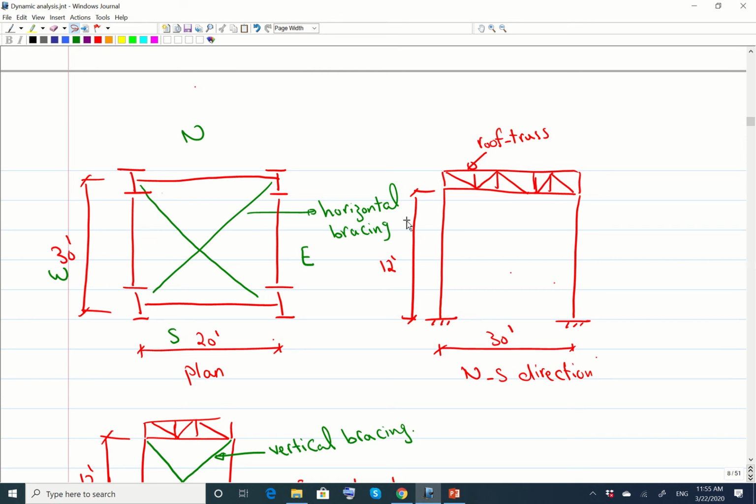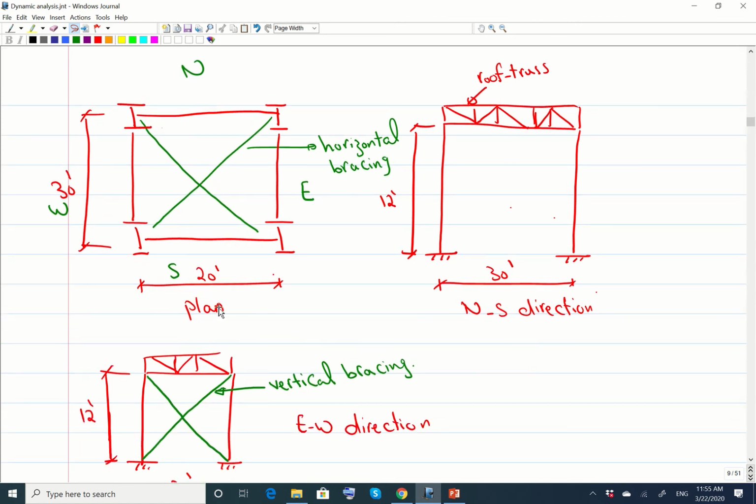So when there is a horizontal force, the columns will give the horizontal stiffness. There is a horizontal force over here, and there will be a horizontal stiffness that comes from those columns. On the other hand, if the wind or the earthquake or the horizontal force is applied from the other direction, how will it be resisted? In the other direction, if you have a front view here, you have the columns over here.